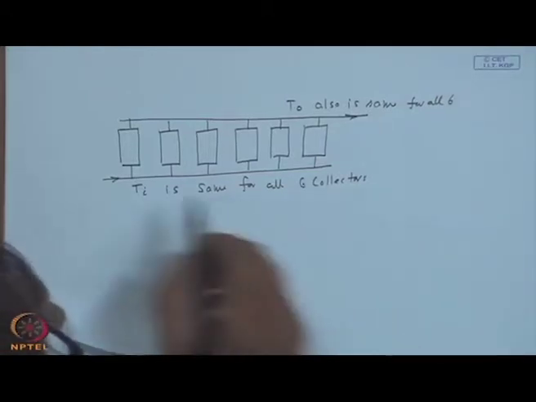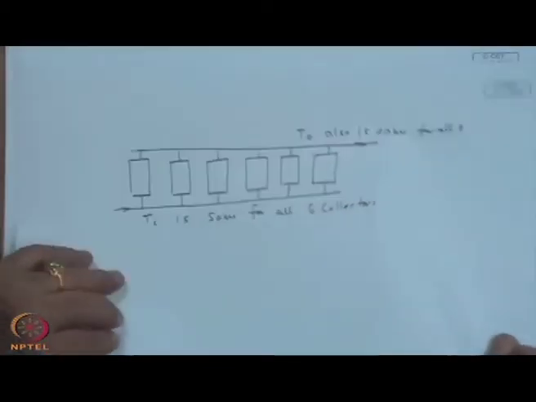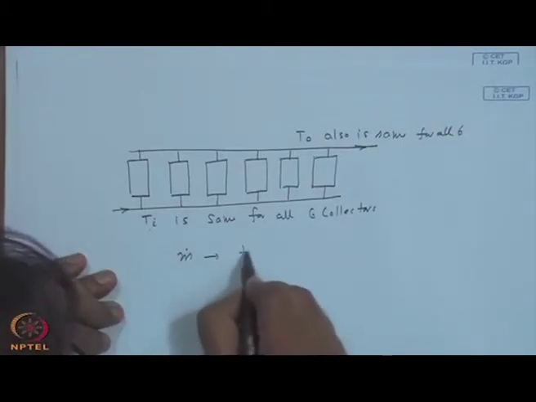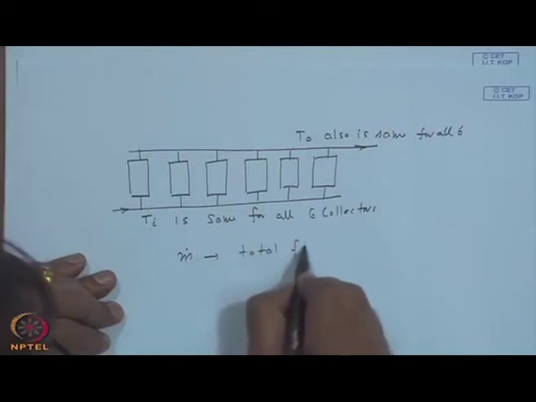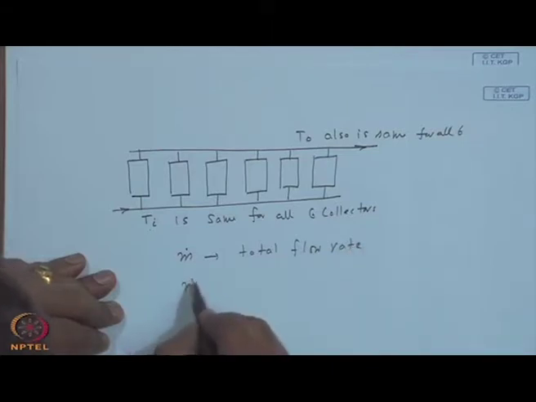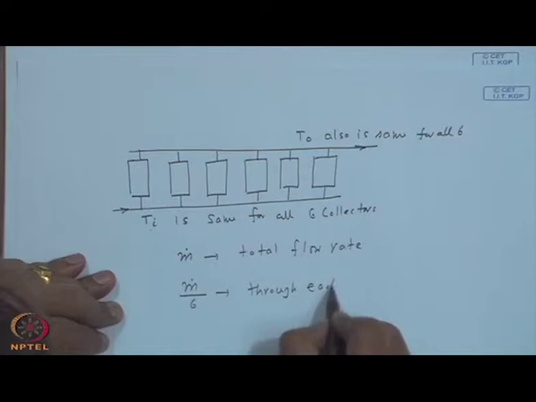Consequently, it will enter at T I and come out with T O. So, if the total flow rate is m dot, we have got m dot upon 6 through each collector. So, the corresponding pressure drop will be that due to m dot by 6.